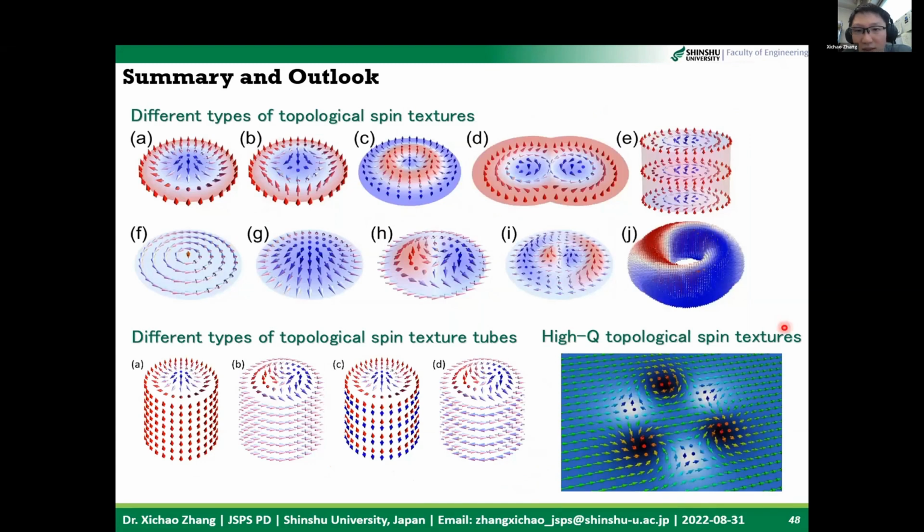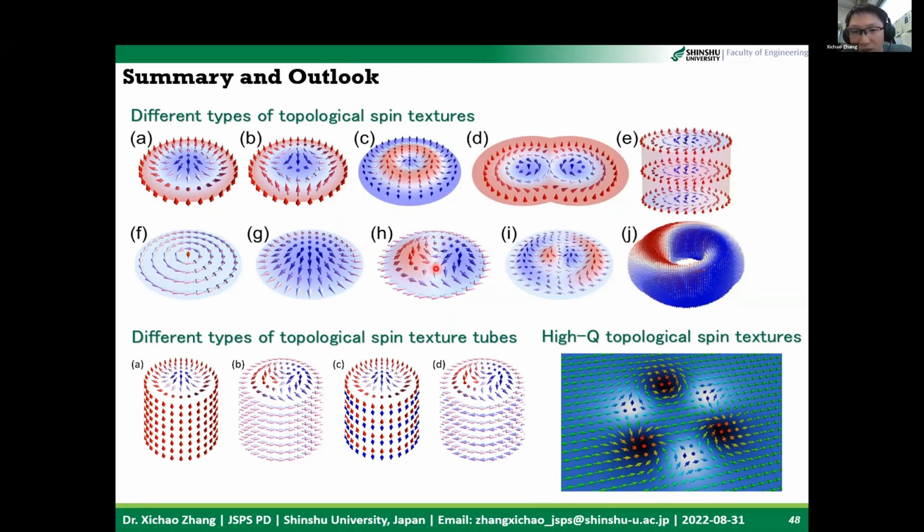In this slide, I show you some different types of topological spin textures. Some are two-dimensional and some are three-dimensional. In the past 10 years, I think most researchers in the field are focusing on the basic skyrmion textures in two-dimensional thin films or multilayers.